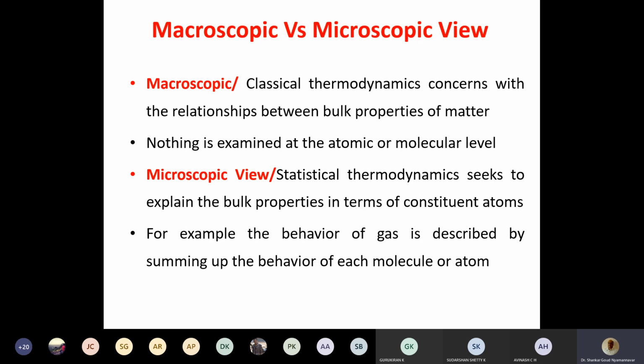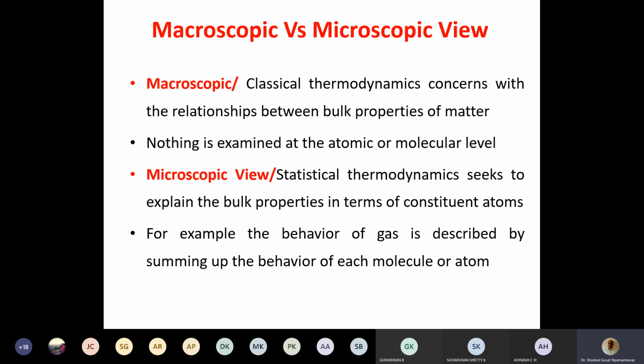Okay. So another approach of thermodynamics is known as the microscopic view. People developed the first law, zeroth law, and second law. It was well understood and proved beyond any doubt that these laws have to be followed.